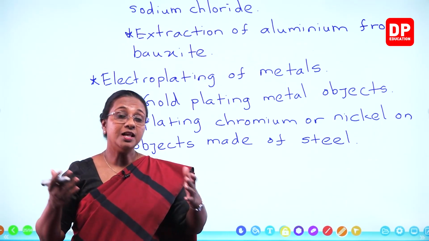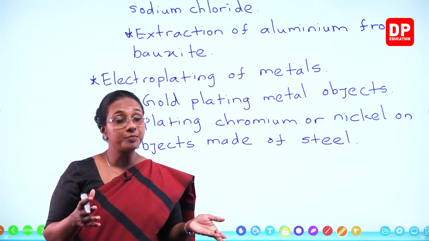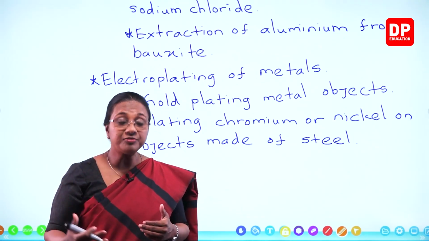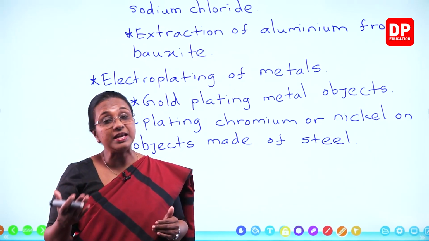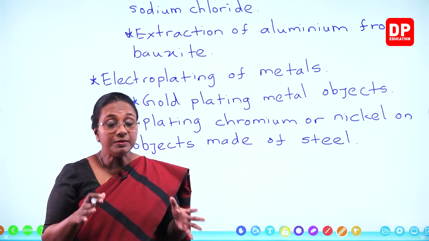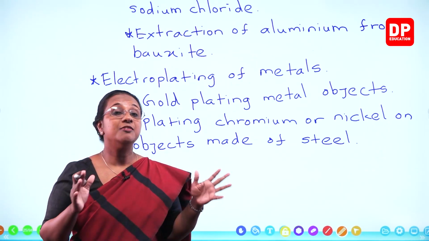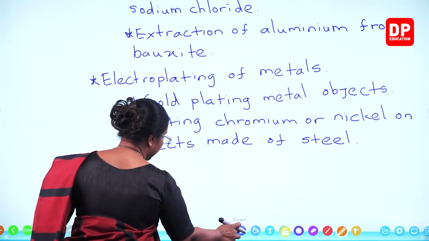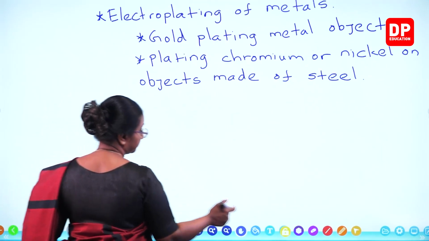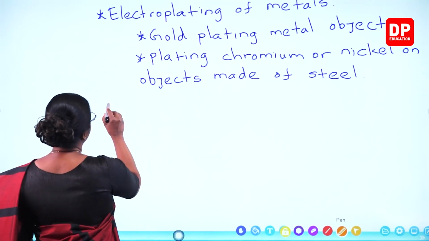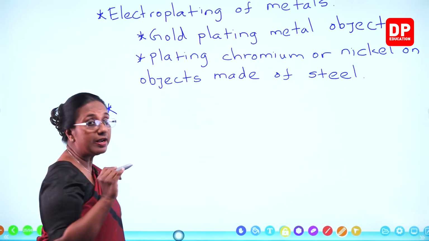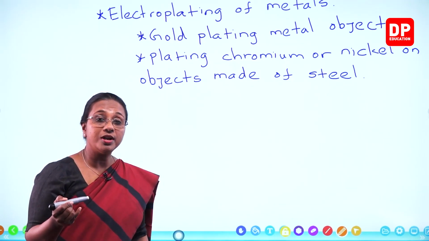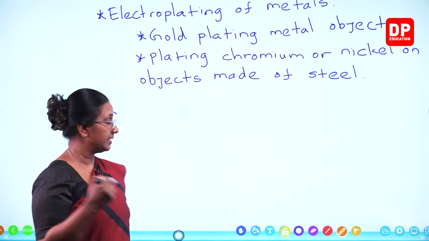For example, copper is extracted from copper ores. After it is extracted, there can be impurities. So to remove that impurity, we can use electrolysis. So that is also another application. And this removal of impurities is called refining of metals.